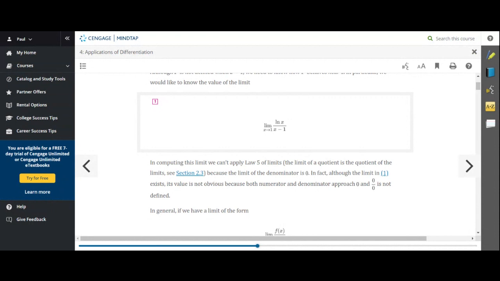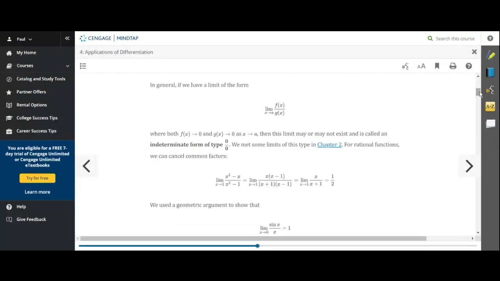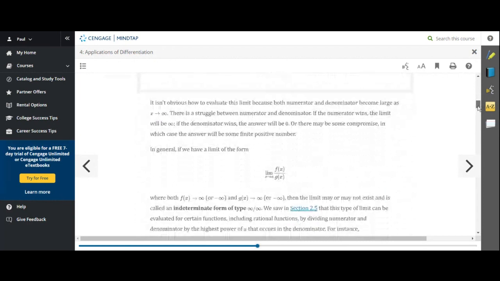Nothing in Calculus 1 is going to help you with that limit. So we need a procedure to help us determine limits where we have an indeterminate form, where both functions f and g approach 0 as x approaches a. The question is, how are we going to handle this?